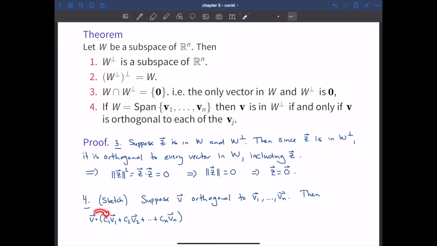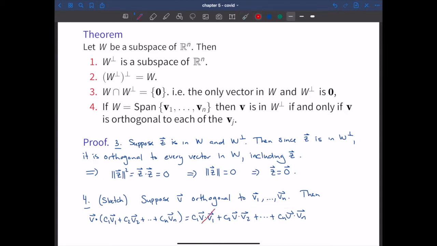So if we take the dot product and distribute it through, this is equal to c1 v·v1 + c2 v·v2 + cn v·vn.